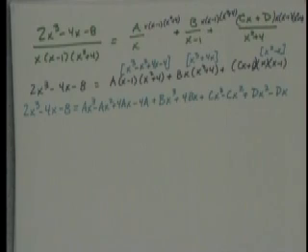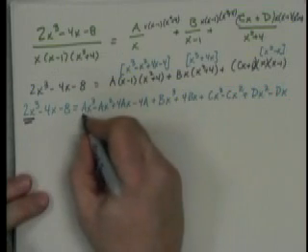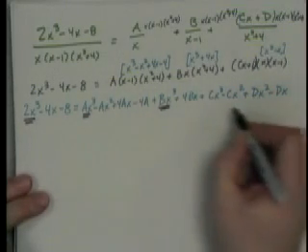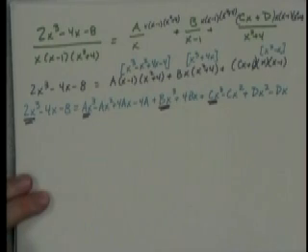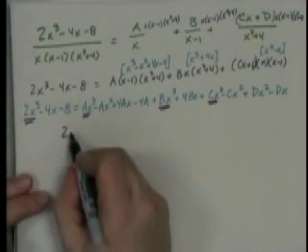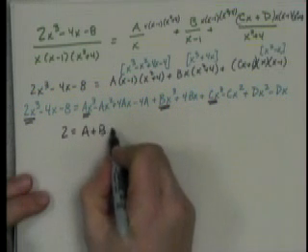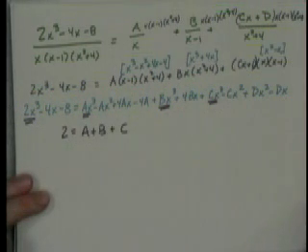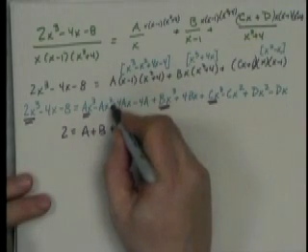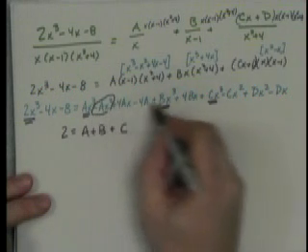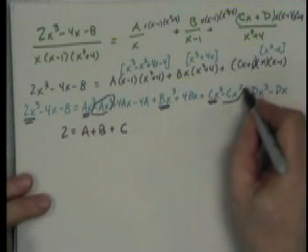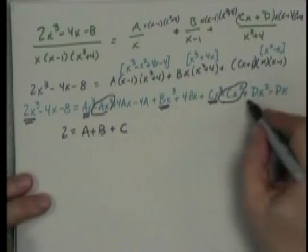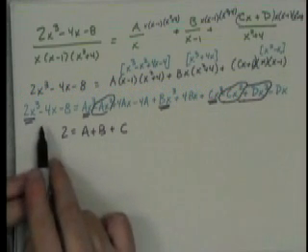So if I look at just the x cubed terms, I get that 2 has to equal A plus B plus C. Then if I look at the x squared terms, well, there isn't an x squared term on the left.